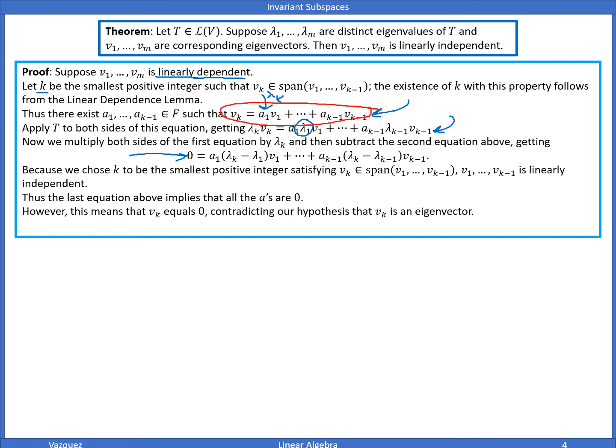If the right side is equal to 0, then the left-hand side is equal to 0, so vk is equal to 0. That contradicts our hypothesis that vk is an eigenvector, because an eigenvector by definition can't be equal to 0, and therefore our assumption that v1 to vm was linearly dependent is false.